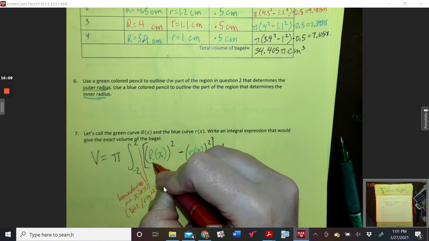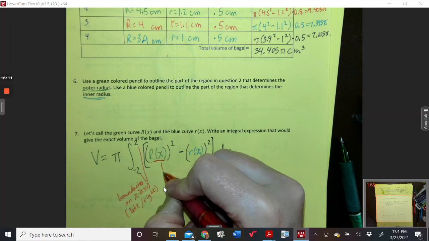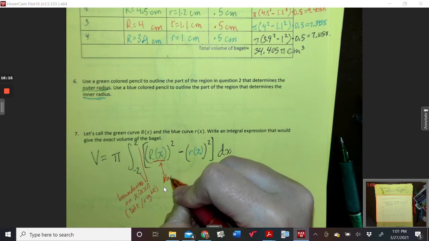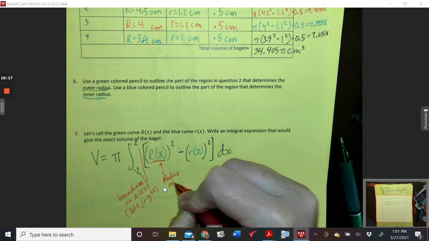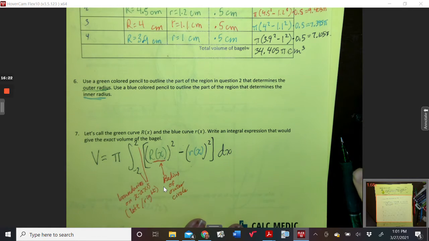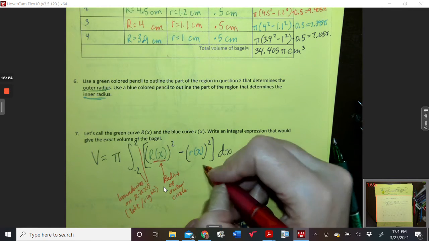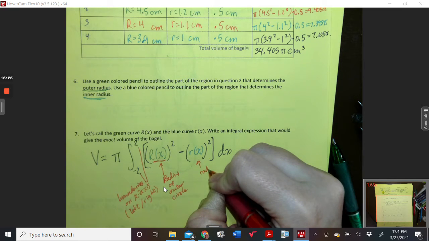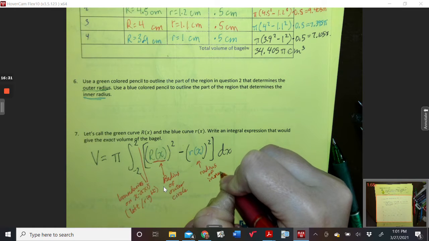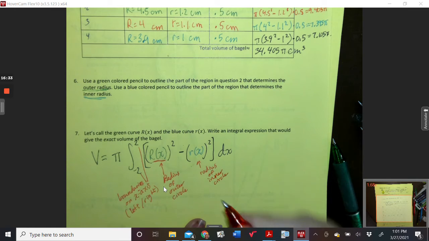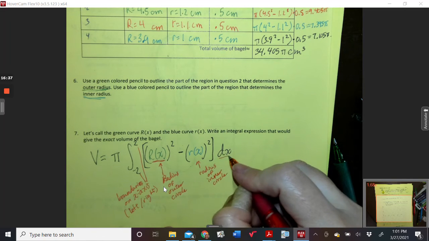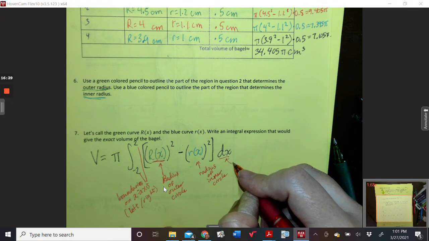This radius, use capital R. And then dx, of course, is the width, the height of each thickness.